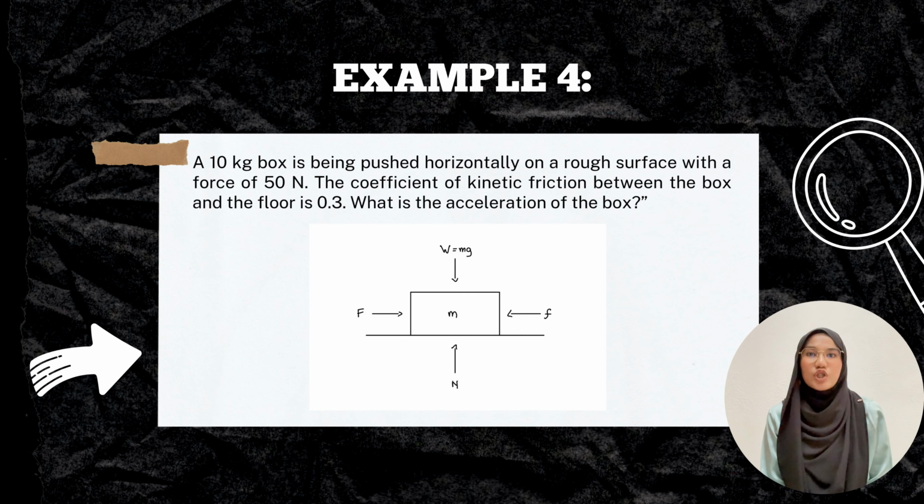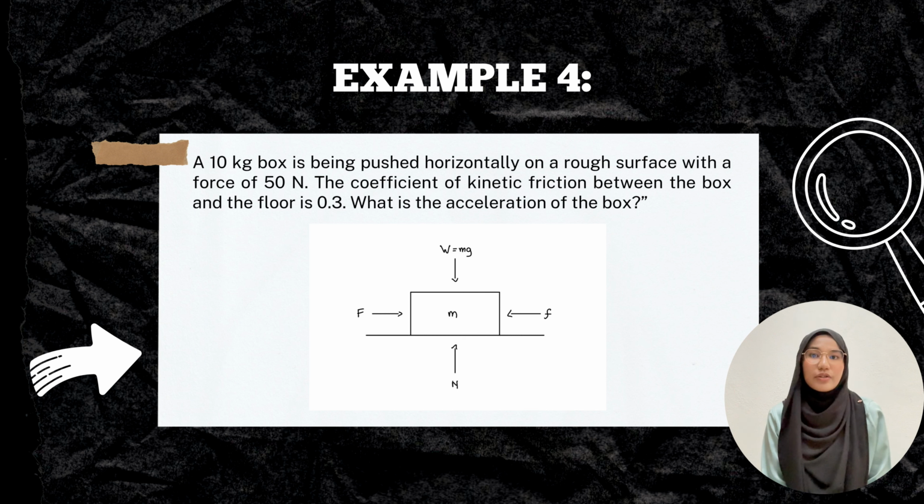Next, I want to share another example about a real-life application of Newton's law using a free body diagram and frictional force. Imagine a 10 kg box is being pushed horizontally on a rough surface with a force of 50 newtons. The coefficient of kinetic friction between the box and the floor is 0.3.